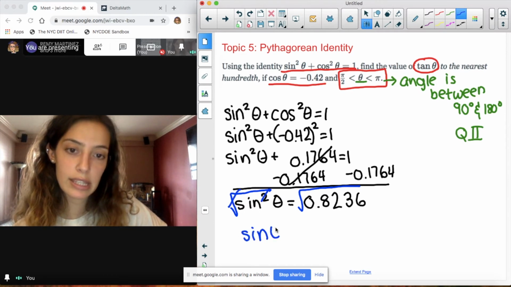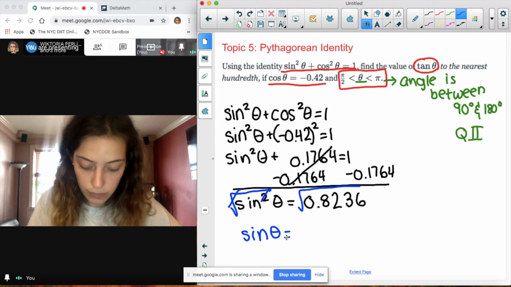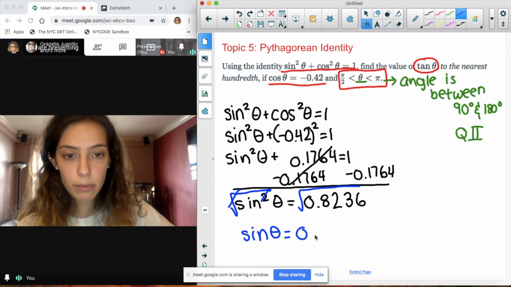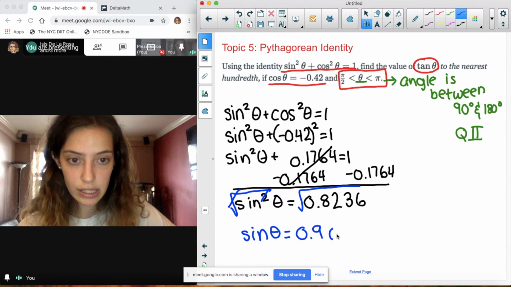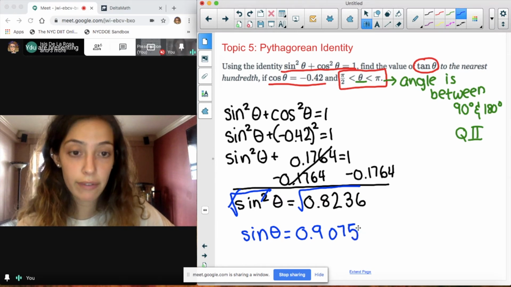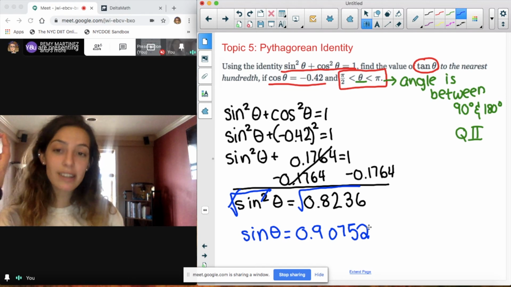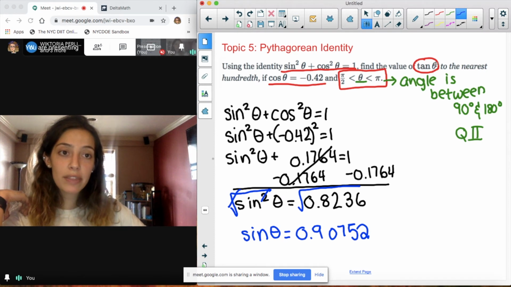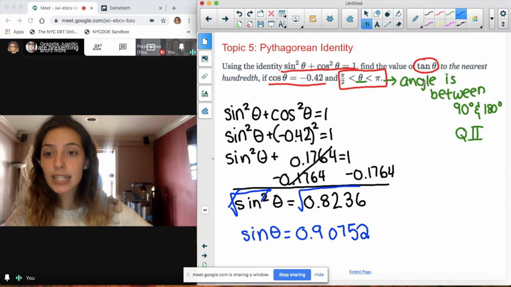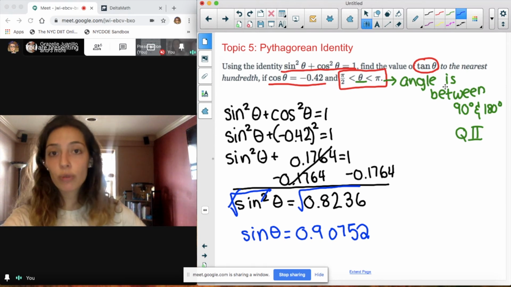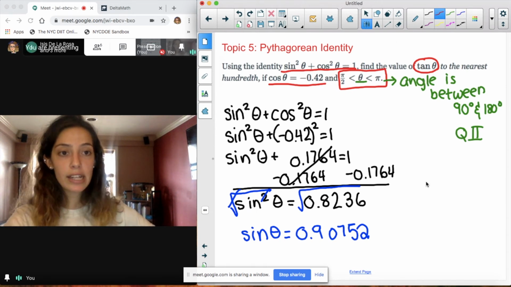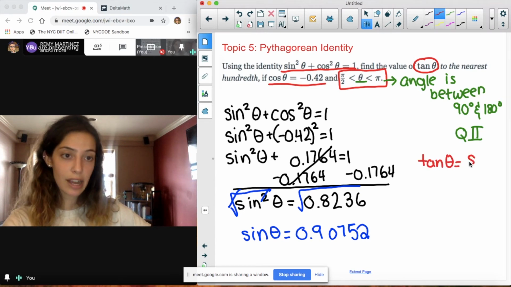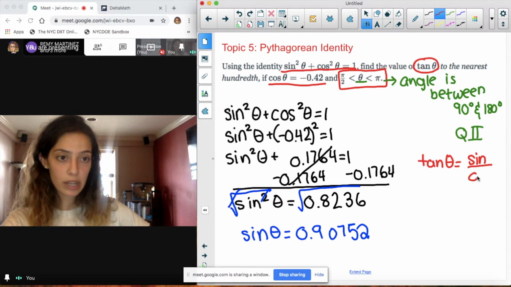So we are left with sine theta is equal to 0.90752. I'll stop it there. Now, I'm not going to round at this step yet because we don't want the sine, we want the tangent. So I always like rounding at the very, very end because you don't want to make a rounding error. So the way we find tangent is tangent is equal to sine divided by cosine.